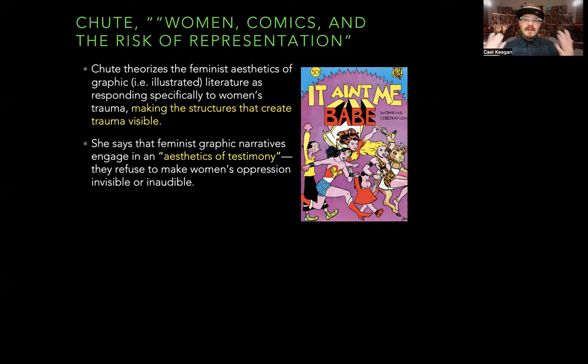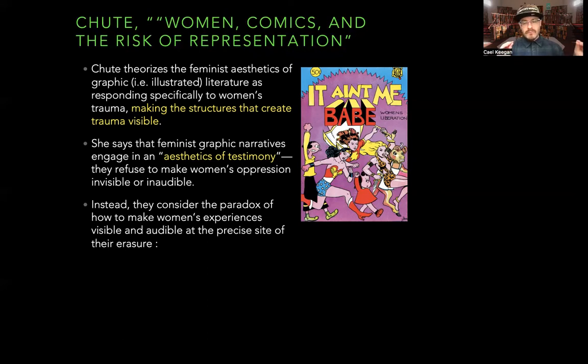So this aesthetics of testimony is thinking through how to make women's experiences visible and audible exactly when they would normally not be visible and audible. So what are the most erased things? And then how do we create aesthetic structures to illustrate those things so that we can see them?